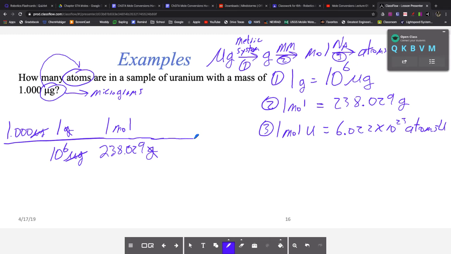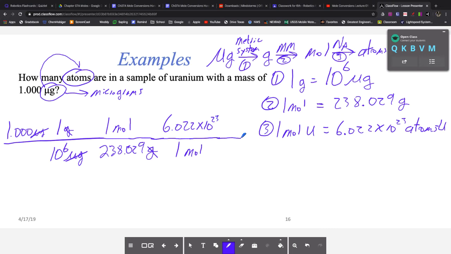And if I stop right there, I would be in moles. But we want atoms. So we have to use the third step, that third conversion factor, which contains Avogadro's number. Now, since we have moles on top, we have to put moles on the bottom, right? And that means Avogadro's number goes on top.